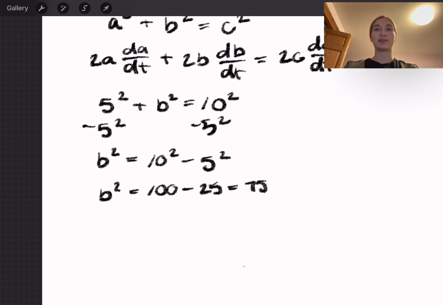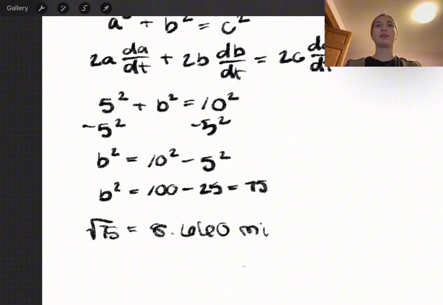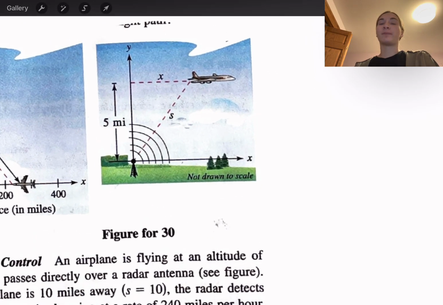So to isolate b, we have to take the square root of 75, and that's not a pretty number. So square root of 75 is just fine. But the square root of 75 is about 8.660 miles, which will be the length of the other leg in our triangle.